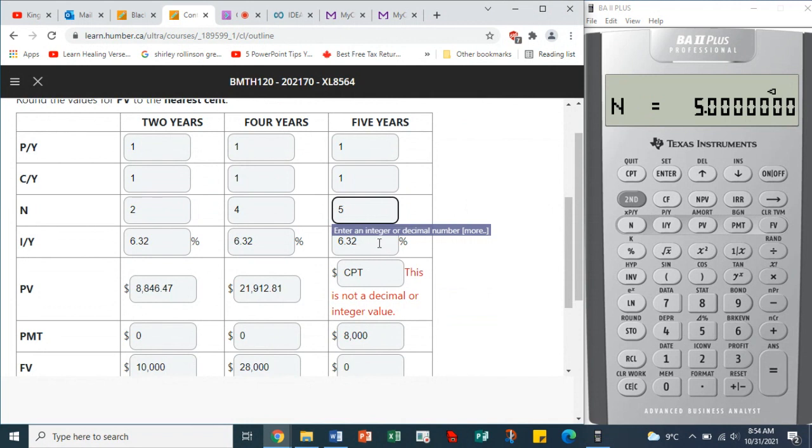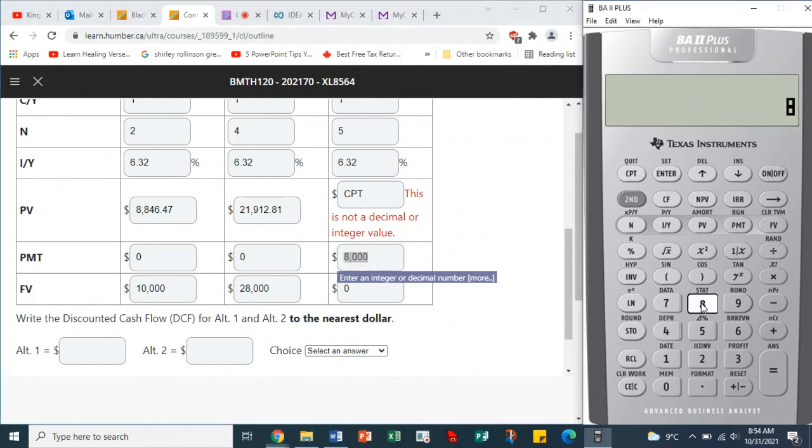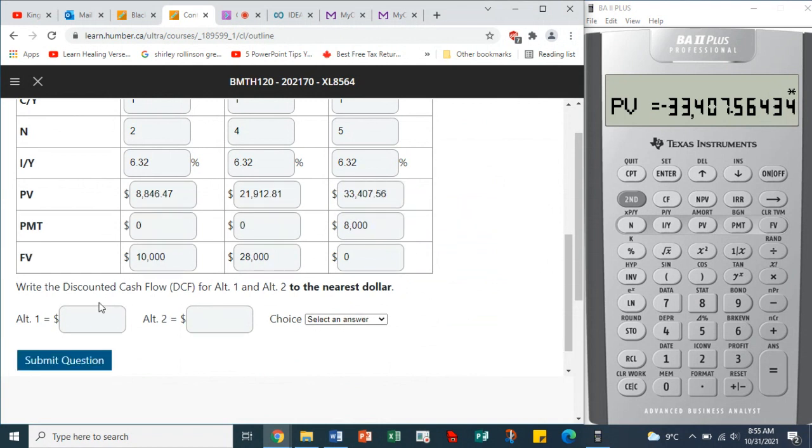The IY remains the same, 6.32. But now there's a payment, so we put in 8,000 as the payment, and 0 for the future value. And we compute the present value. The present value now turns out to be 33407.56.